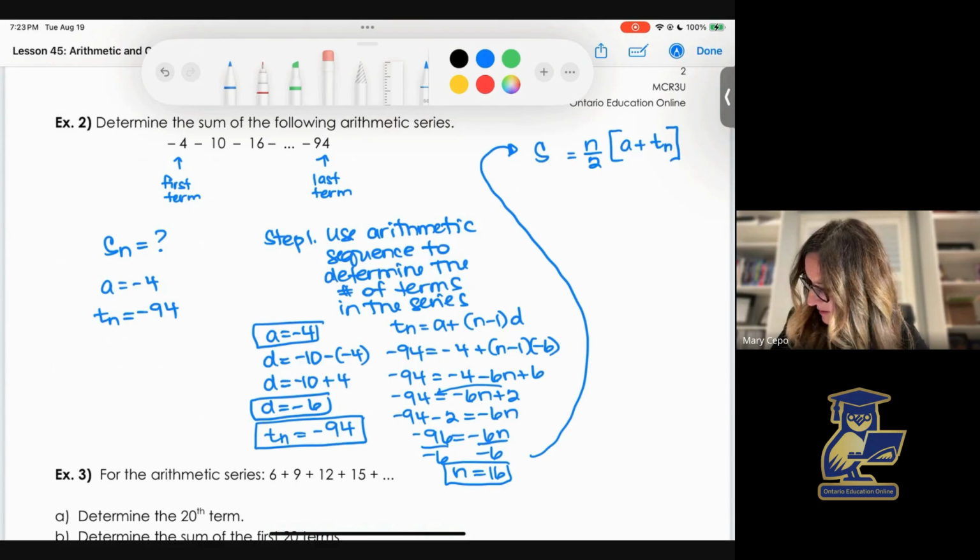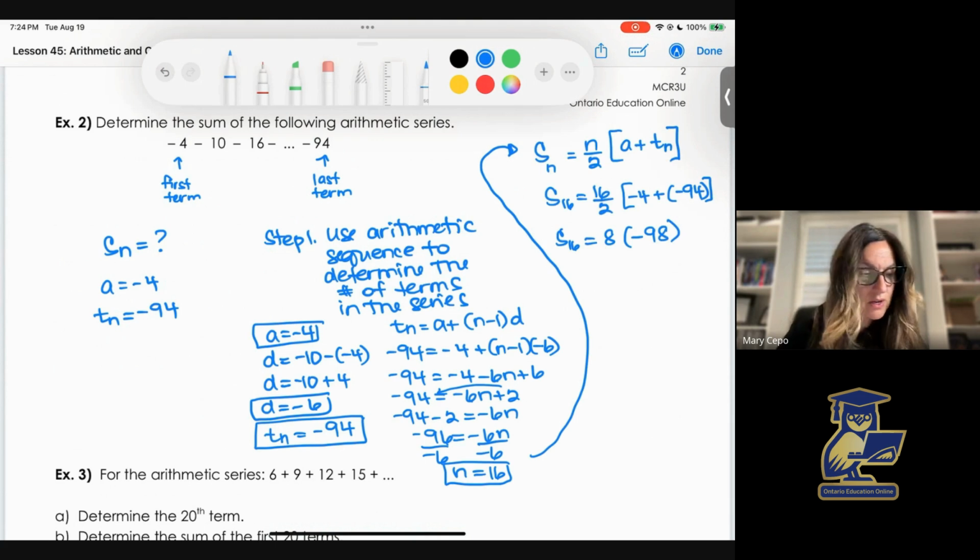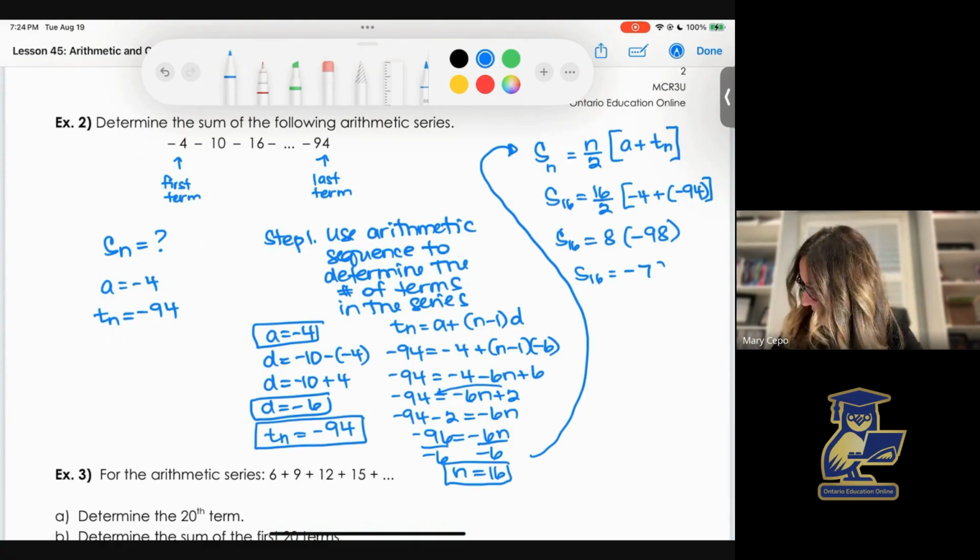In our case, because we know n is 16, we're going to say S16 is equal to 16 divided by 2, a, which is -4, plus the last term, which was -94. S16 is 16 divided by 2, which is 8, times -4 minus 94, which is -98. And if we take 8 times -98, we get -784.